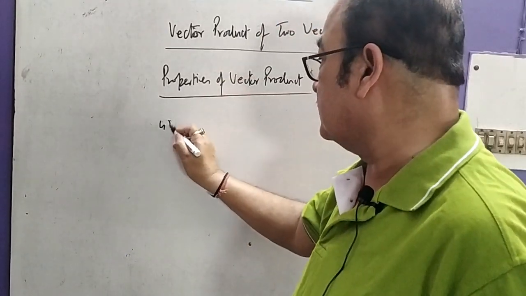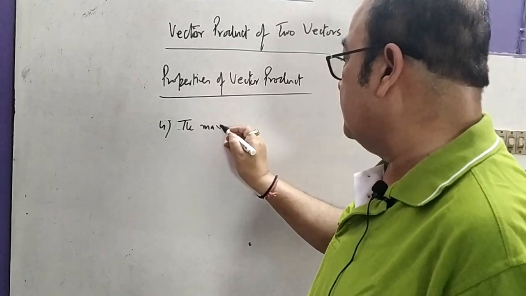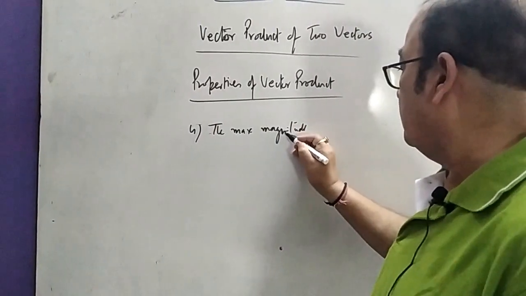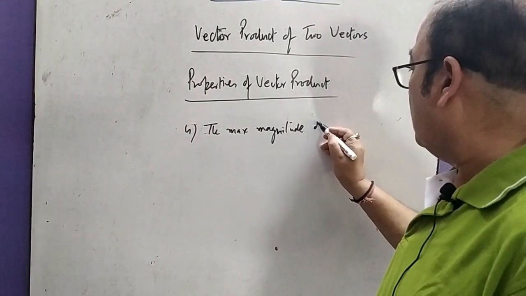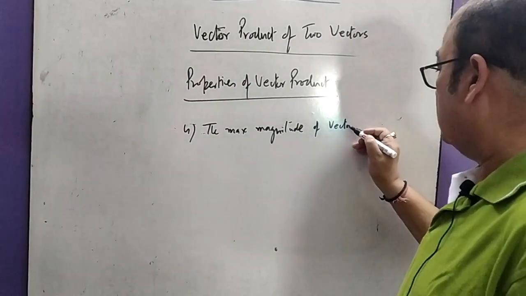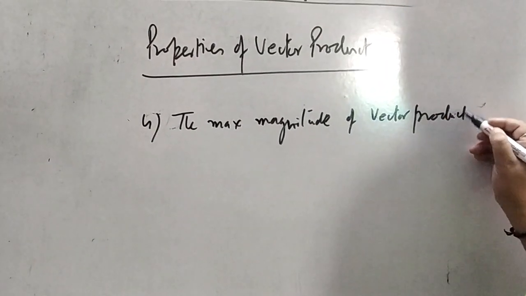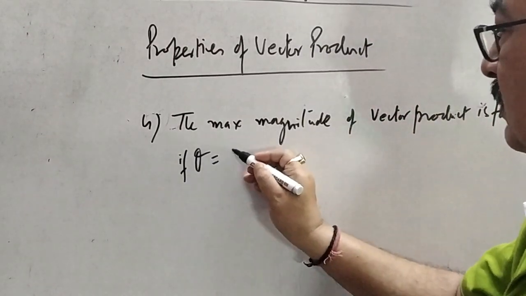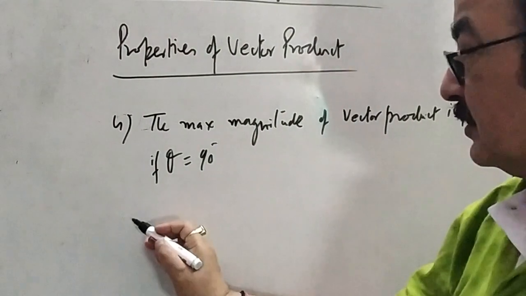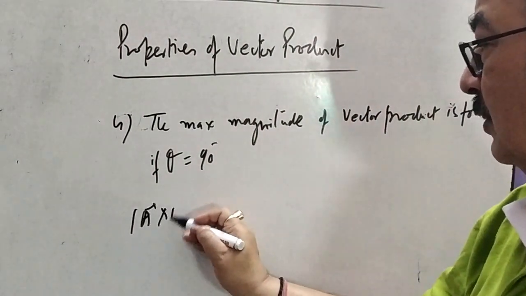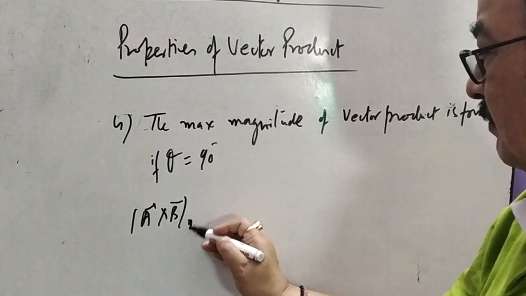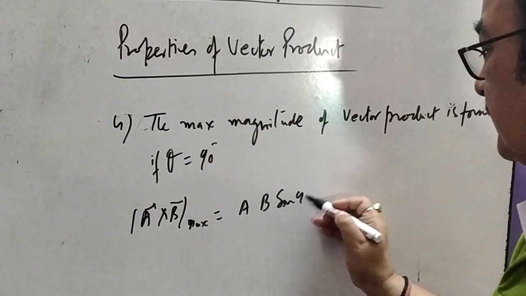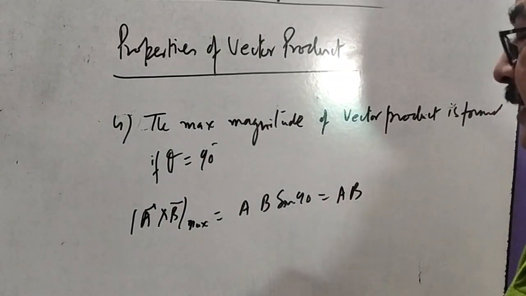That is, the fourth point: the maximum magnitude of vector product is found if theta equal to 90 degrees. That means the magnitude of A cross B maximum equal to AB sin 90, that is just AB.